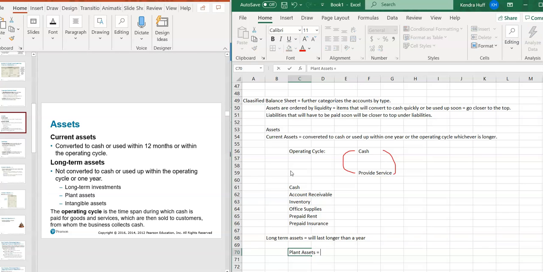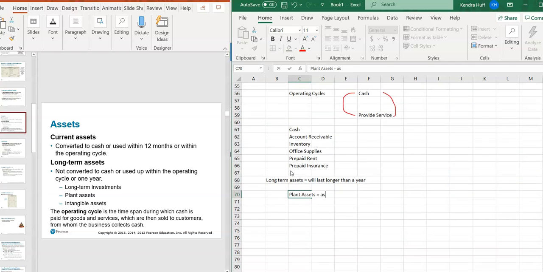Plant assets are the assets that we use to run our operations. We typically put it into an account called plant, property, and equipment. And I usually call it PPE, not to get confused with the PPE during the pandemic. It's plant, property, and equipment.